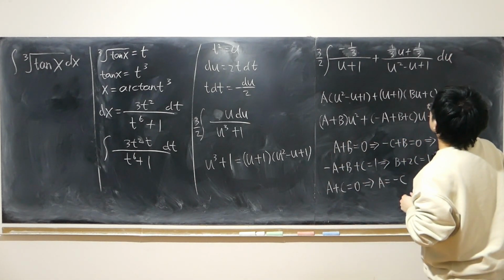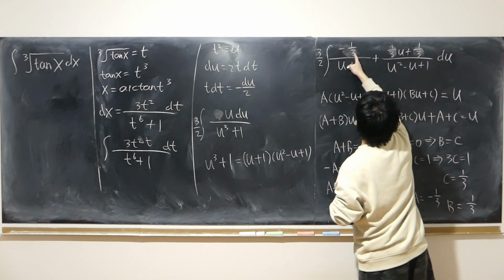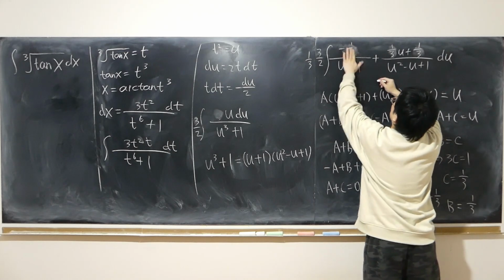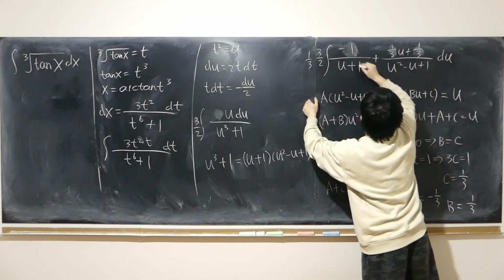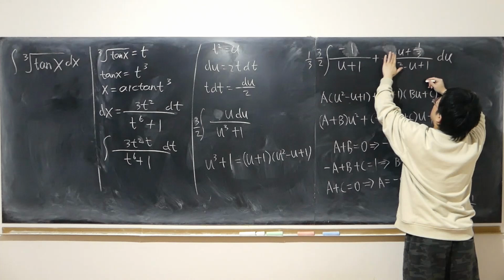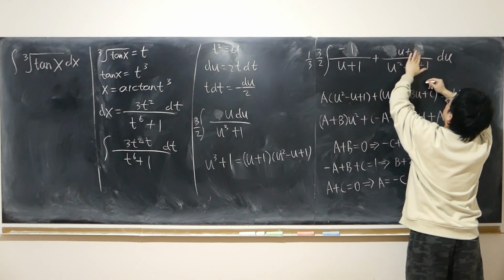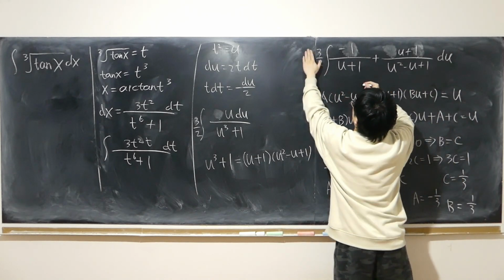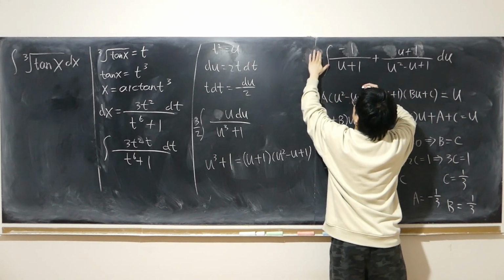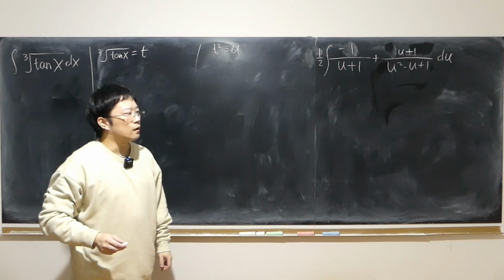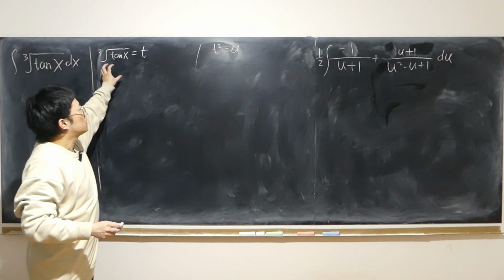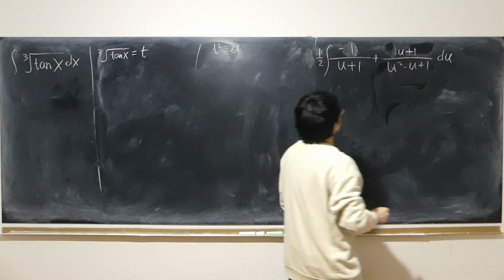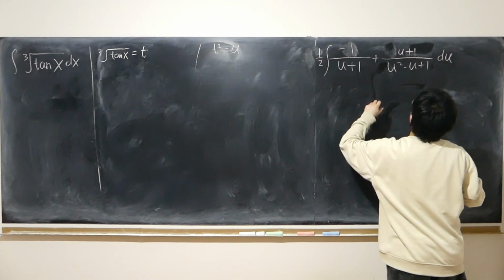The common factor here is 1/3: negative 1 over u plus 1, plus the other fraction. I've just made those substitutions and I'm going to substitute back in the end.